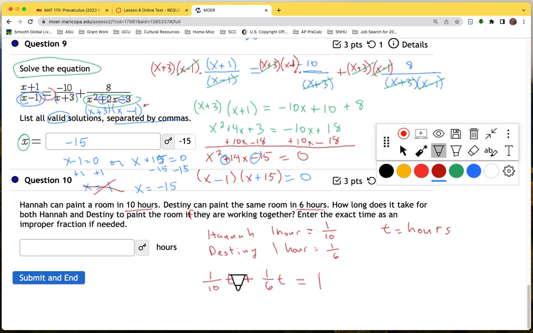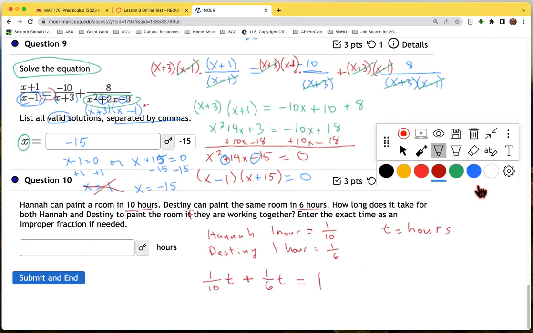So working alone, you can see Hannah's T would be 10. 10 over 10 equals 1. Destiny would need 6 hours, 6 over 6, so Destiny's a little bit faster. But working together, they will still just get one job done.